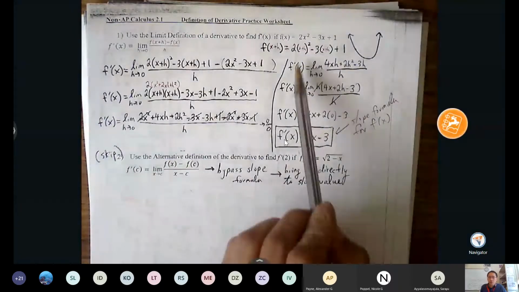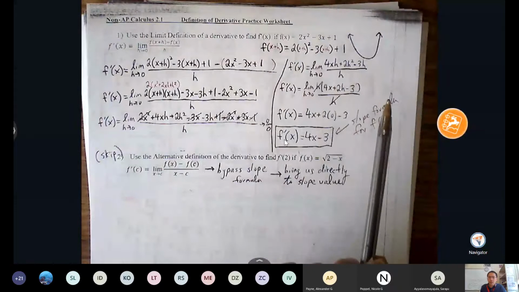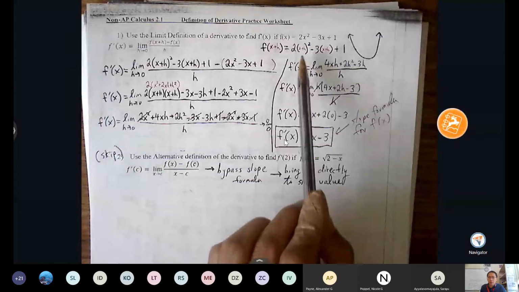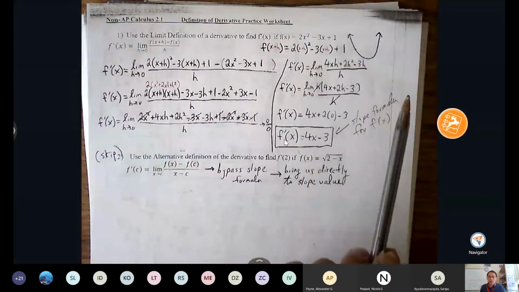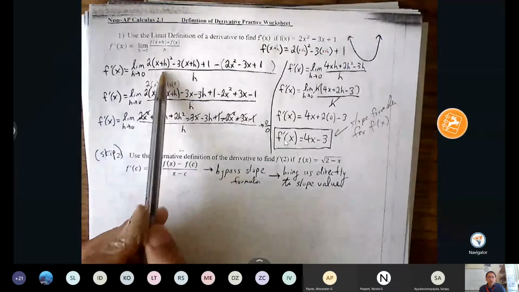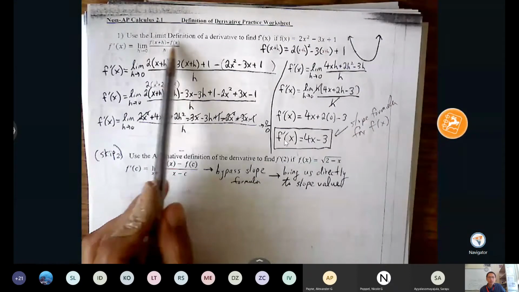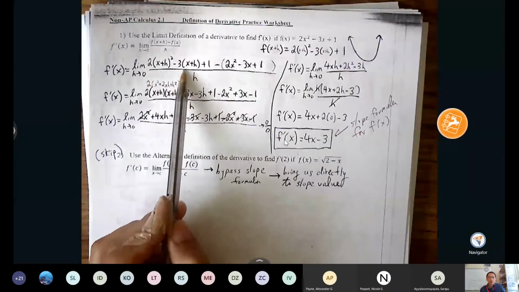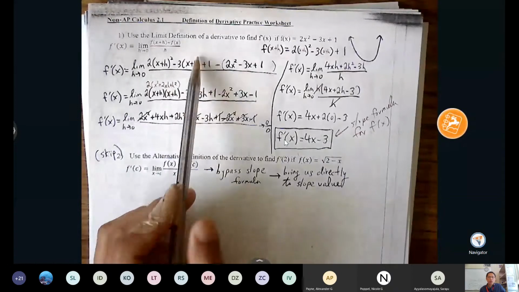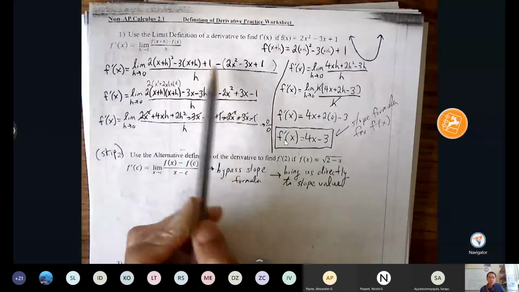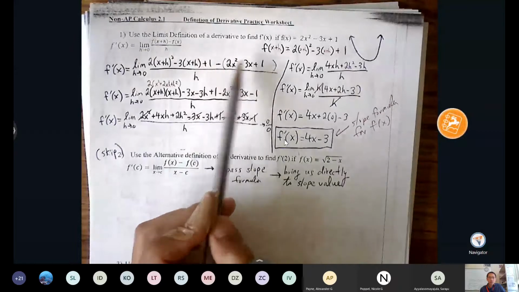Kind of forces you to put that x plus h within the correct locations. So once we get that numerator to be out of function notation into values that we can actually work with, and we subtract the f of x, the original function, make sure parentheses in place.